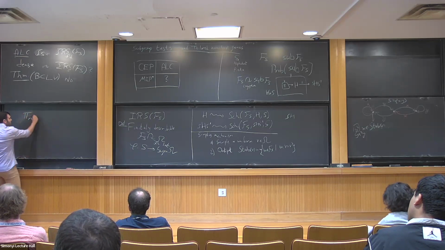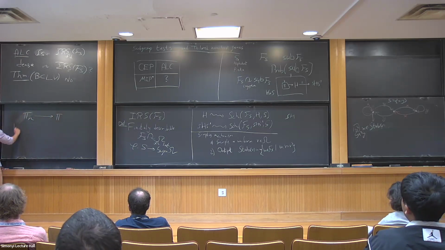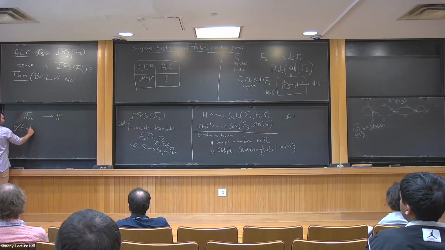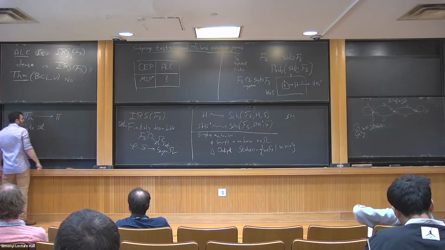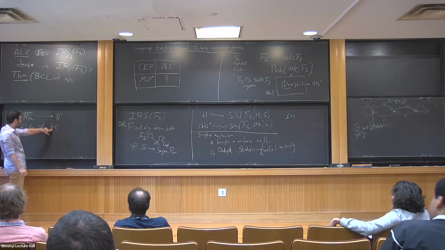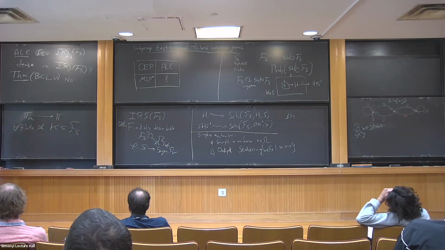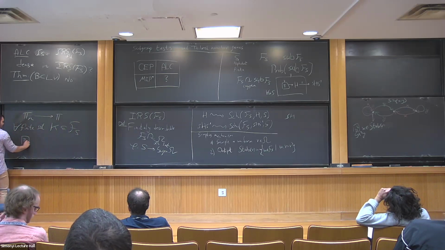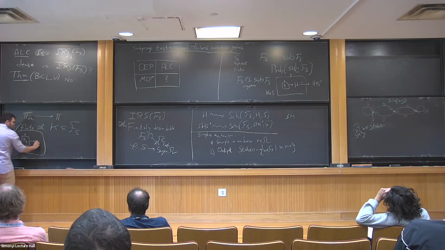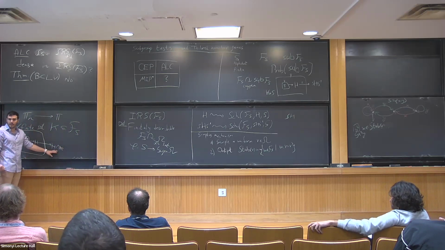A sequence of IRSs converges to an IRS pi if for any finite set K in the free group, you can always do the following. You sample a subgroup H from pi n, and then you intersect with K. That's just a finite set of elements.